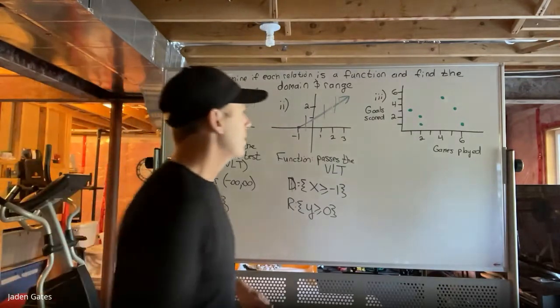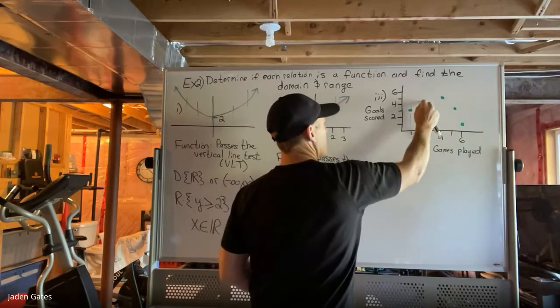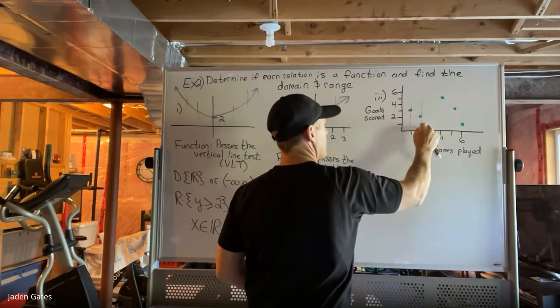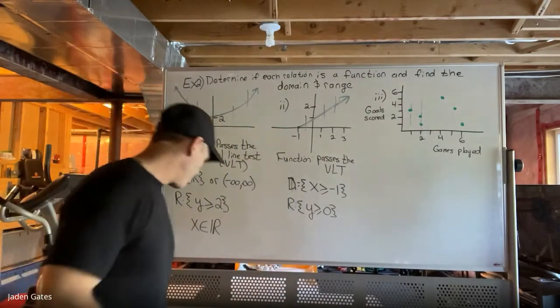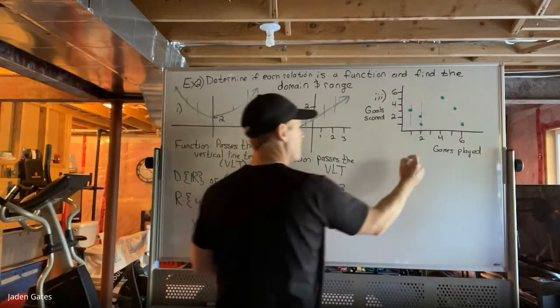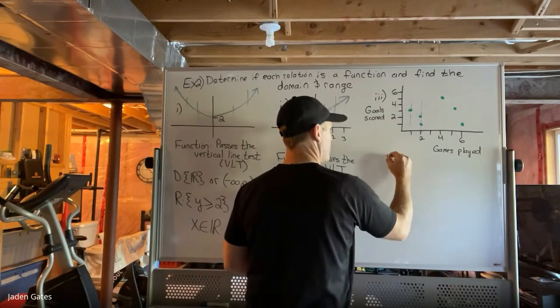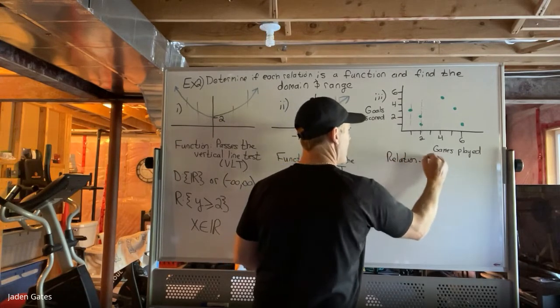Well, it does on one here. I drew a line through, but look at this. I draw a line through this spot. I hit twice. Yeah, it passes through 2 points at games played number 2, so that is a relation. Fails the VLT.